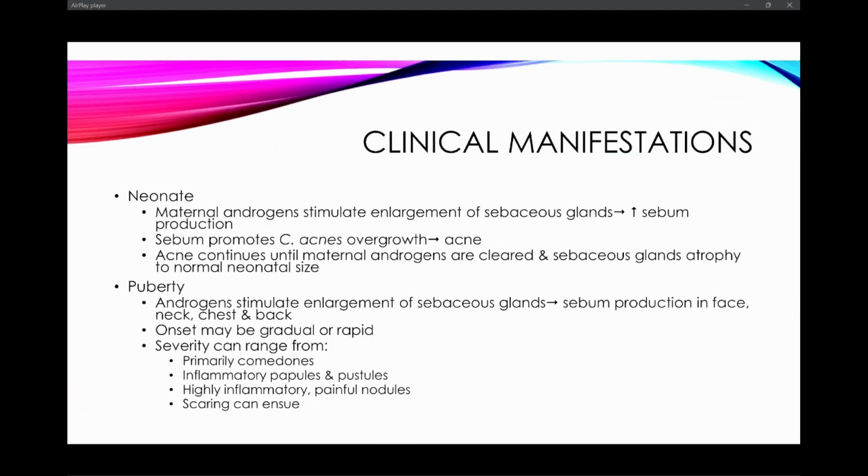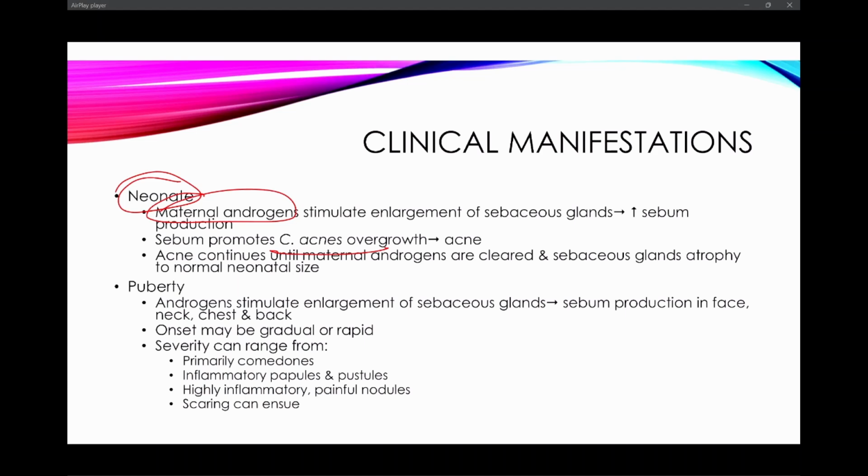Clinical manifestations. Neonatal acne is a real thing. It can happen when babies are born. They can come out with acne on them. What happens and why? It's due to maternal androgens from the mother. They stimulate enlargement of the sebaceous glands, so we get a lot of growth of the sebum. Obviously, because we have sebum, C. acnes is going to show up and eat it all up.